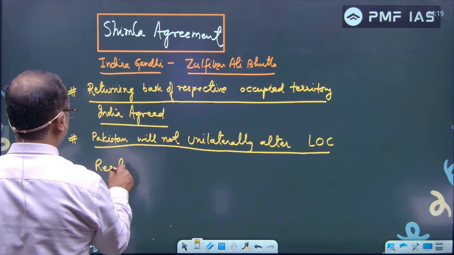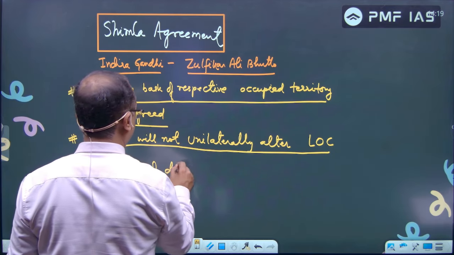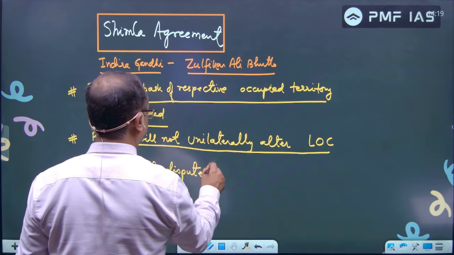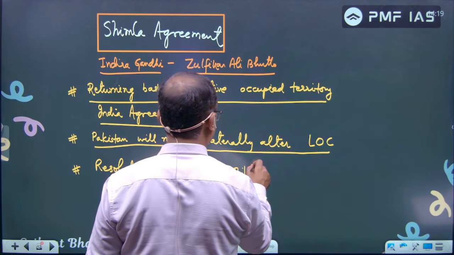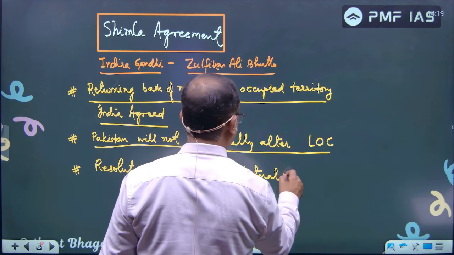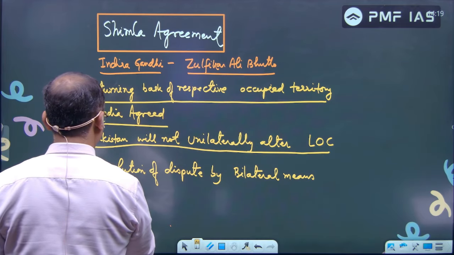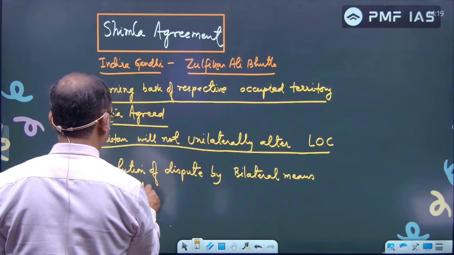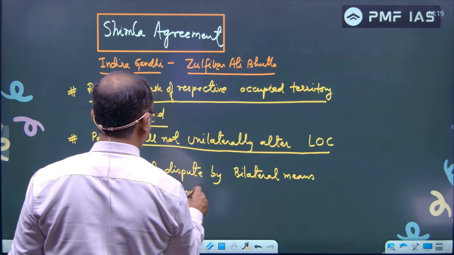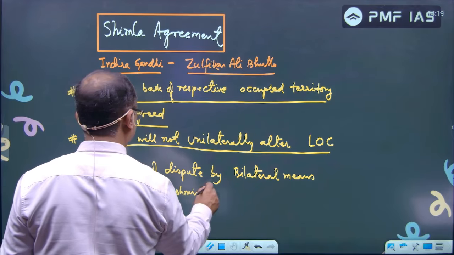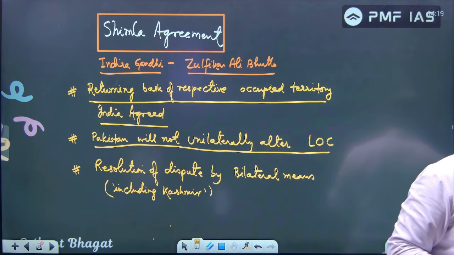Resolution of disputes by bilateral means, including Kashmir. This was the great achievement of the Simla Declaration.